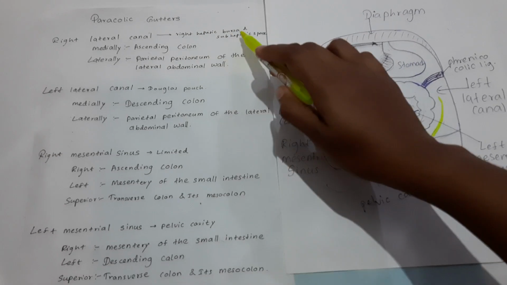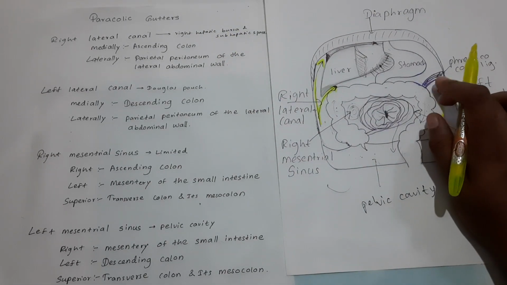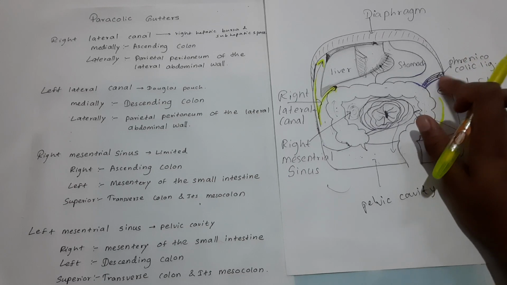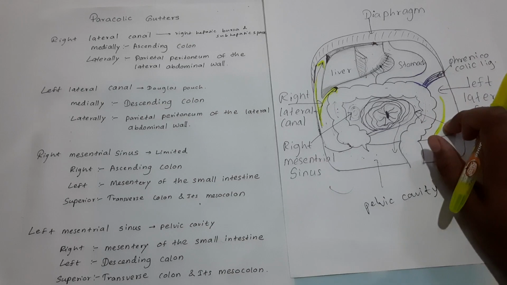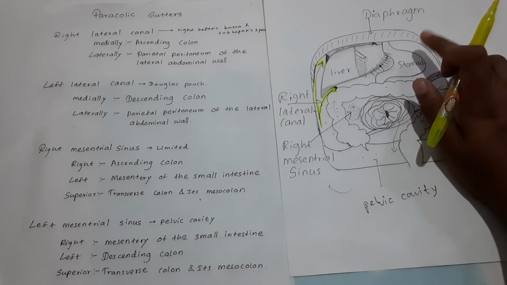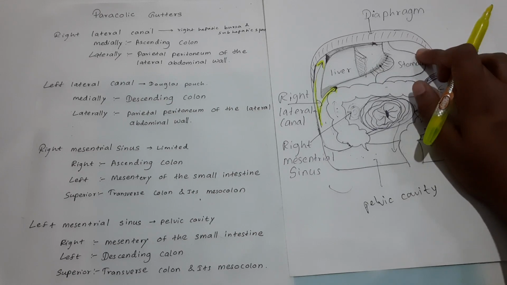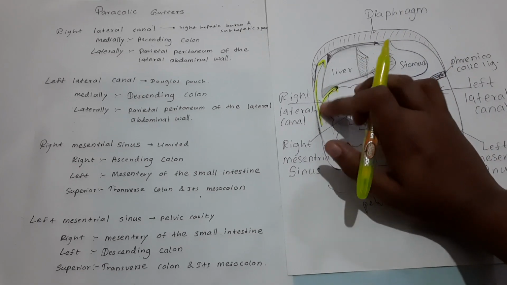But you can see there is a ligament called the phrenicocolic ligament. Because of this ligament, the left lateral canal can't communicate with the supracolic compartment. Here, the right lateral canal can communicate with the supracolic compartment.